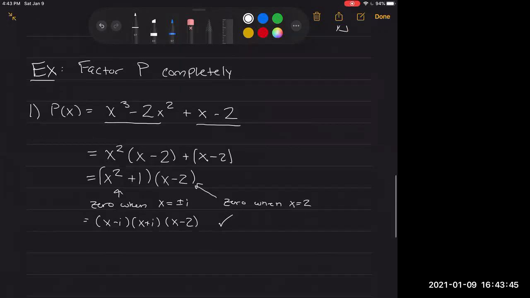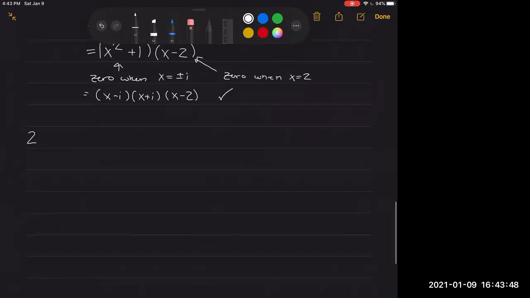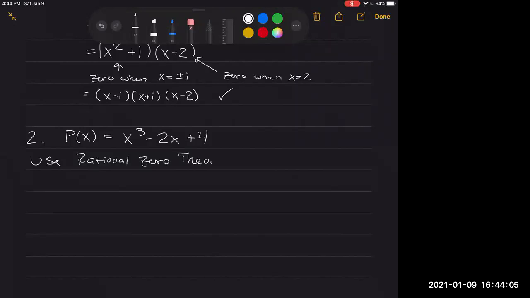And now we can do another example. And this is x cubed minus 2x plus 4. So if we use the rational zero theorem, then the possible factors of 4 are plus or minus 1, plus or minus 2, and plus or minus 4.